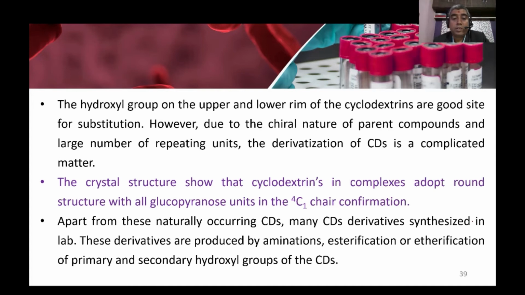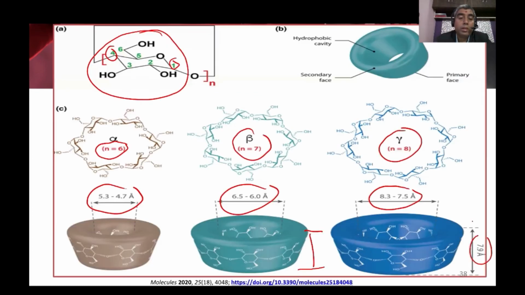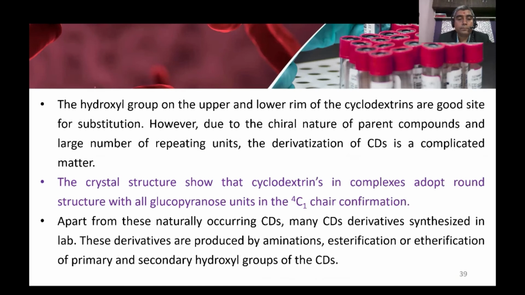The crystal structure shows that cyclodextrin in complexes adopts a torus structure with all glucopyranoside units in the 4C1 chair conformation. So all these D-glucopyranoside units are in chair conformation.